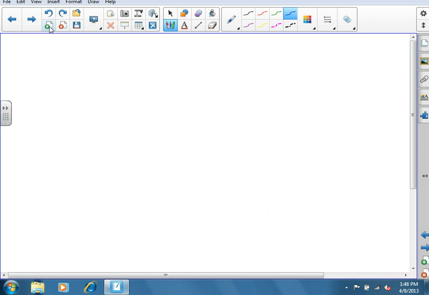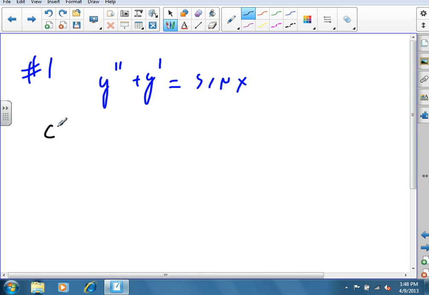We're looking at problem number 1. I've got y double prime plus y prime is equal to sine x. So I look at the characteristic equation of the homogeneous solution, r squared plus r is equal to 0.